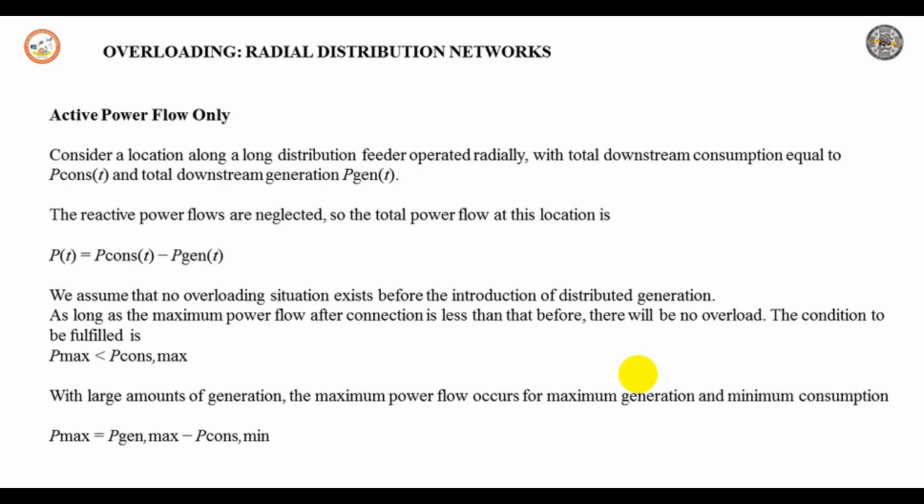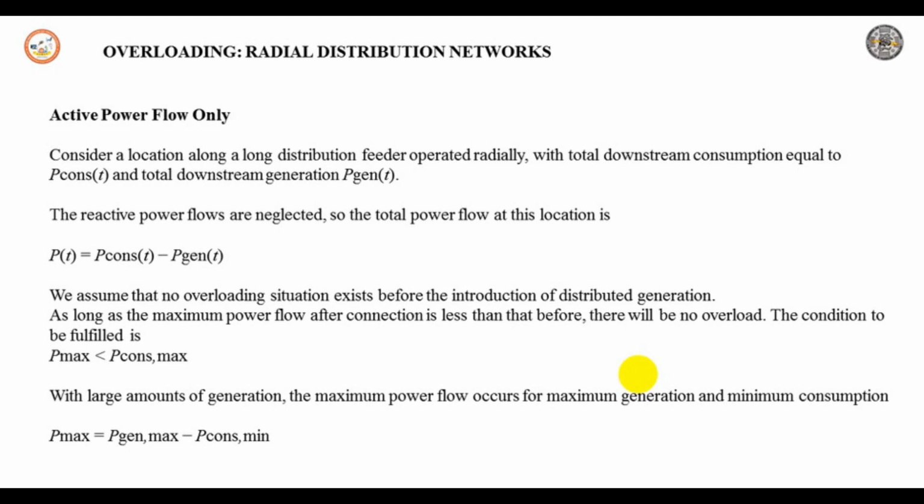So here P max can be defined as the power that is generated at maximum minus the power that is consumed at minimum. The power maximum is defined as the power generated at a maximum level minus the power consumed at a minimum level.